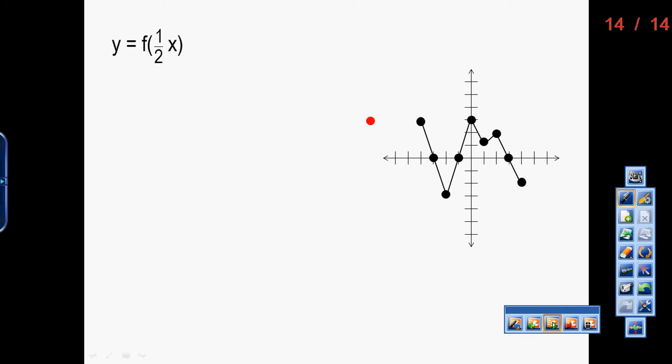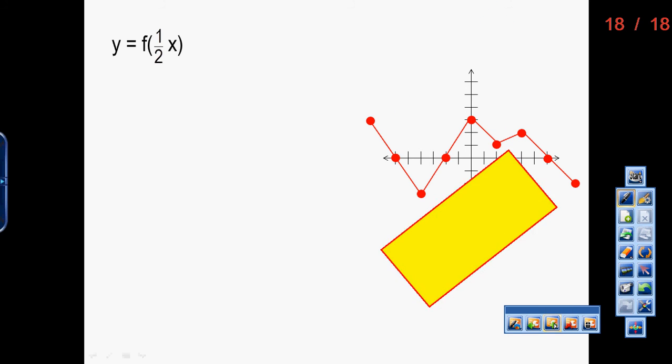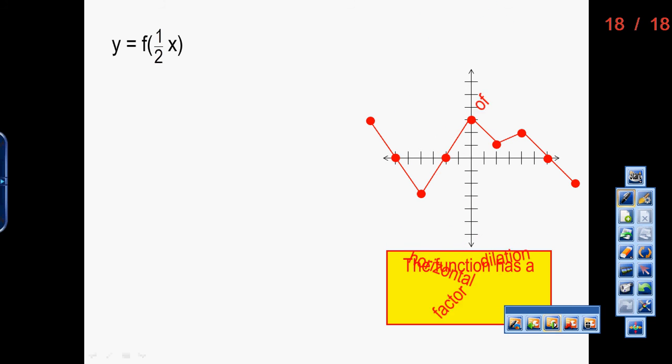Okay, so here we go. I'm plotting my points. And you see it's correct. It does have a horizontal dilation by a factor of 2. Okay, let's keep going.